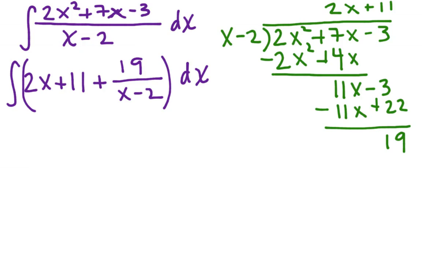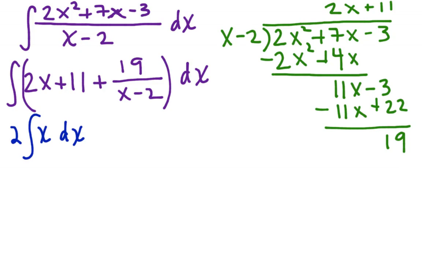I am going to integrate each one of these terms in this sum. We don't have to do this every time, but I'm going to do it for the sake of showing all my work.